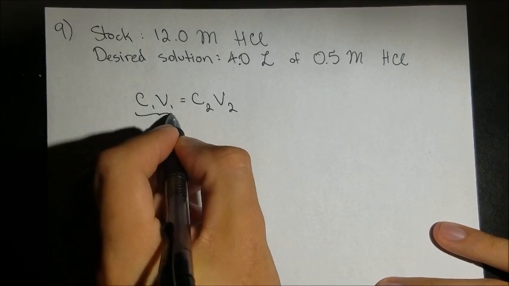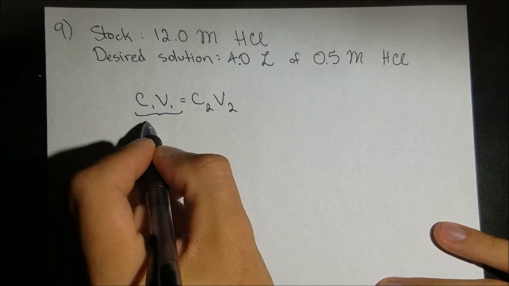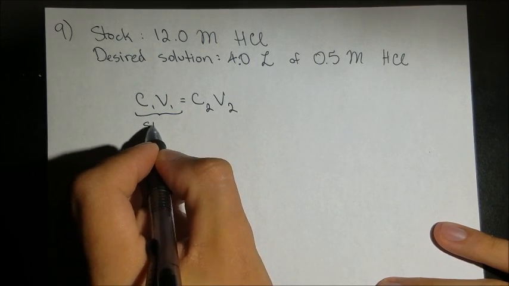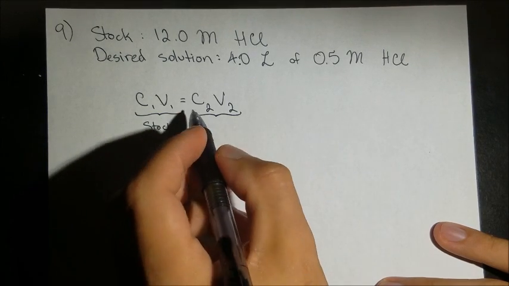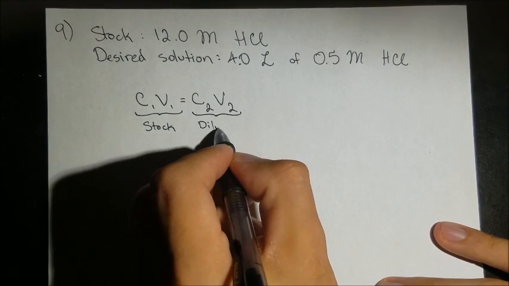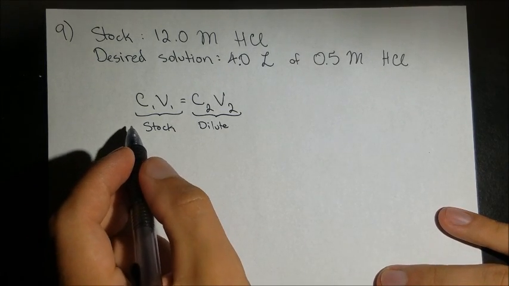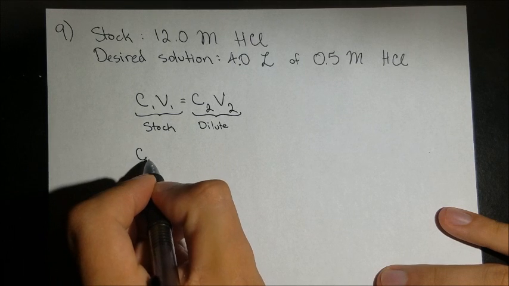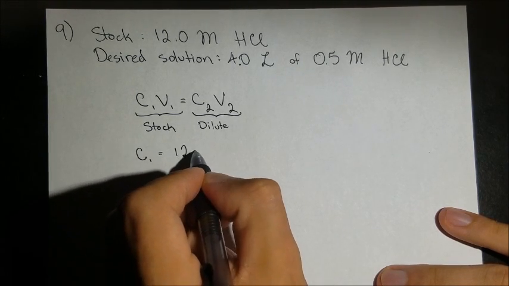So over here, let's say that the C1 and the V1 are going to describe the stock solution, and that the C2 and the V2 are going to describe the dilute solution. So let's see what we know so far. C1, for the stock solution, the concentration is 12.0 molar.